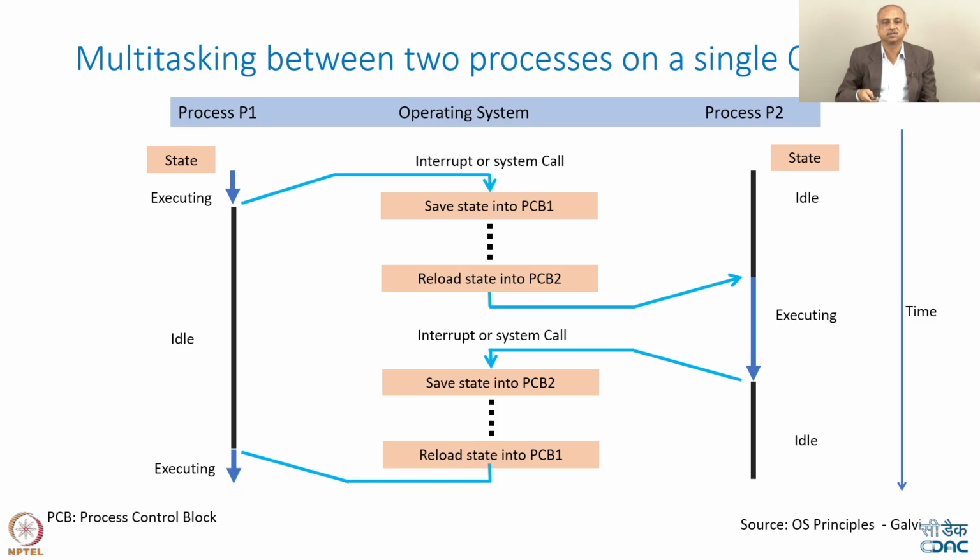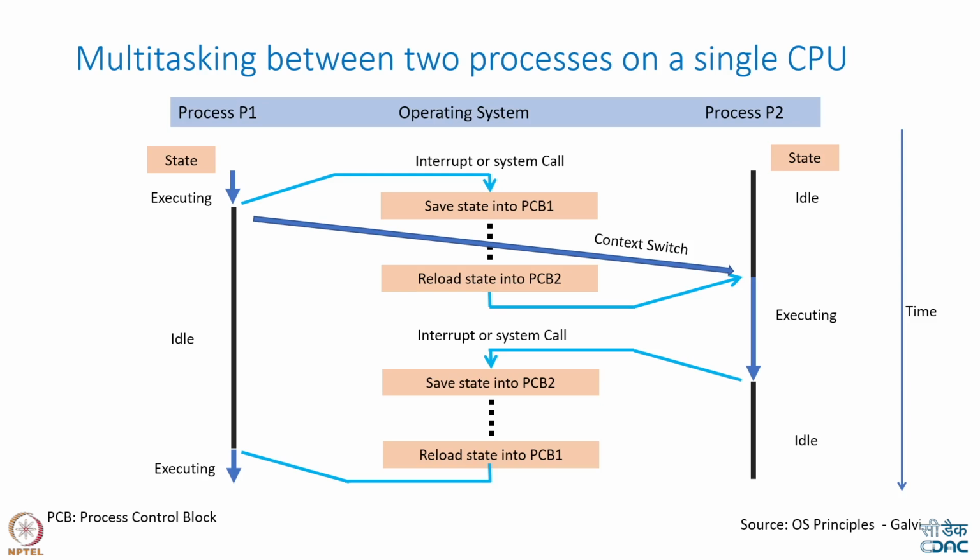This thing that we just saw is what is called a context switch. So, context switching from process 1 to process 2 is done by the operating system with the help of the hardware that allows this to happen, which consists of a timer and other things which support the operating system in doing this kind of switch from process 1 to process 2.